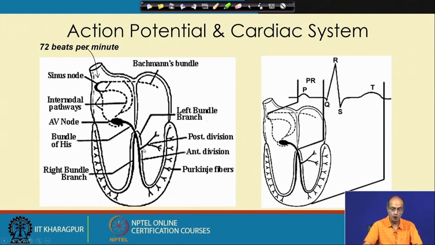Because of this strong network of nerves throughout the ventricle, whenever the signal comes out of the AV node, it reaches every part of the ventricle at the same instant, and all parts start the compression simultaneously, unlike the atrium where the compression starts at one point and proceeds in a very slow manner.